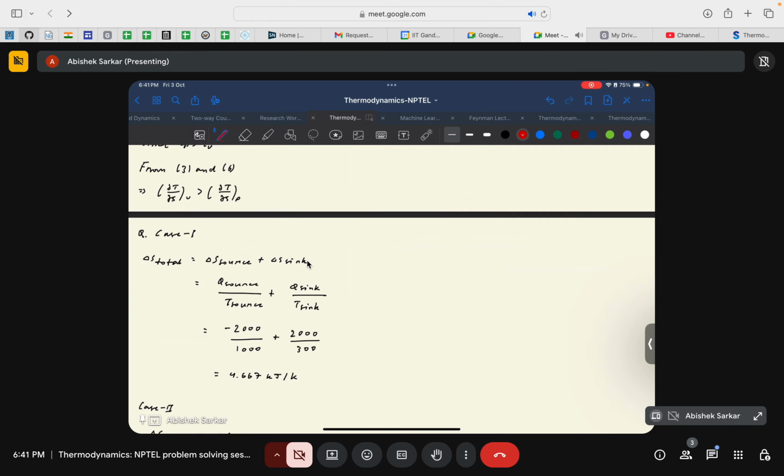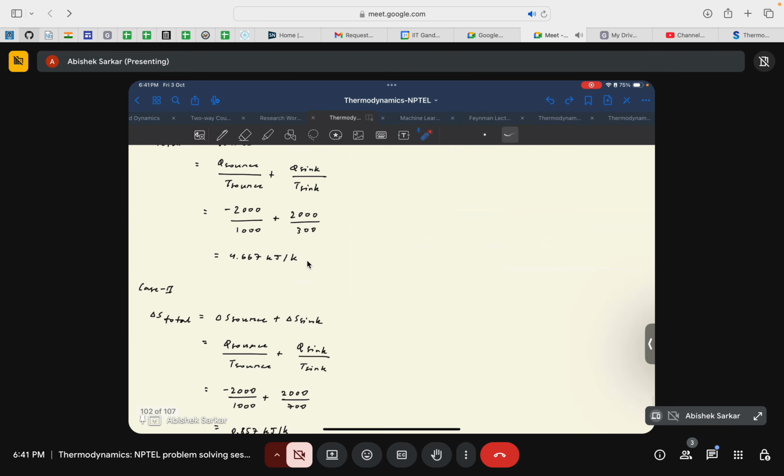Now Q source would be the negative of Q sink, because the energy is being transported from the source to the sink. The heat loss from the source is the heat gain of the sink. Since the temperature of the source is 1000 Kelvin and the temperature of the sink is 300 Kelvin, if you do this calculation, you will get the net change in entropy to be 4.667 kilojoule per Kelvin. Okay, keep the magnitude of this numerical value in mind.